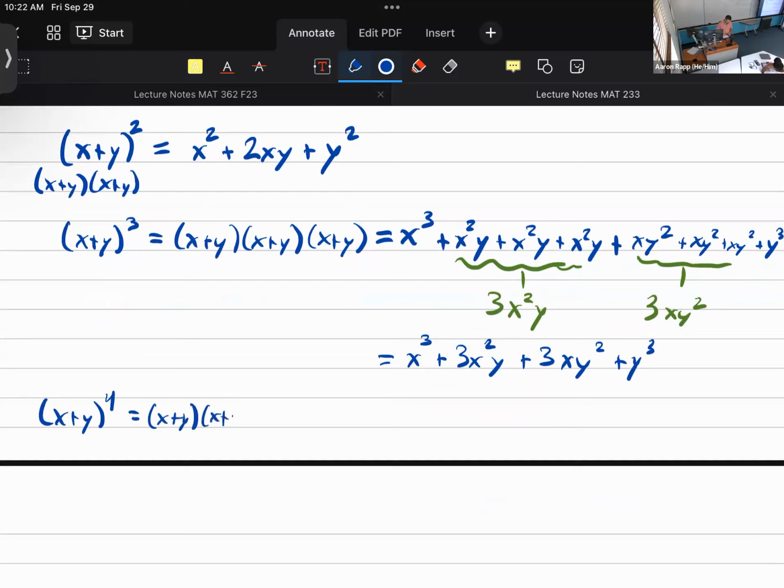So I have x plus y times x plus y times x plus y times x plus y. So my first thought is, how many ways can I go through all of these 4 binomials and multiply 4 x's together? Yeah, just one x to the fourth term. And then how many ways can I go through this expansion of 4 binomials and get 3 x's and 1 y?